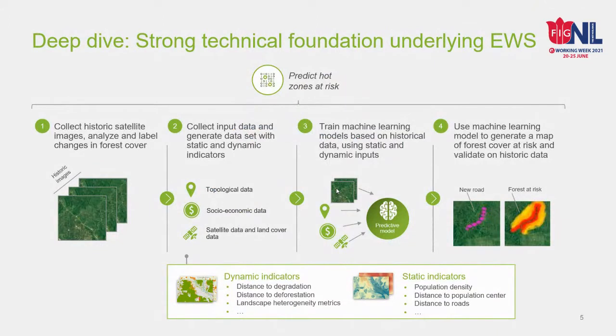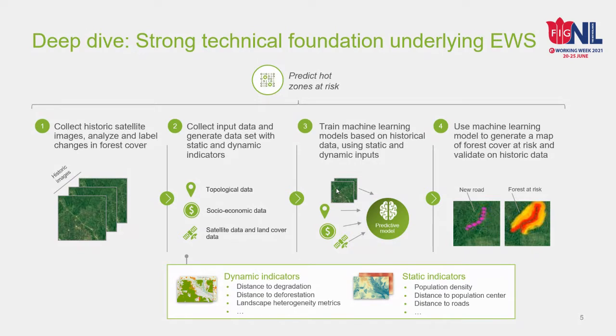So we start with a strong technological foundation underlying EWS. And that begins with historic satellite images, which is Sentinel-1 radar data, which can penetrate clouds. So we can have a near real-time monitoring system there.